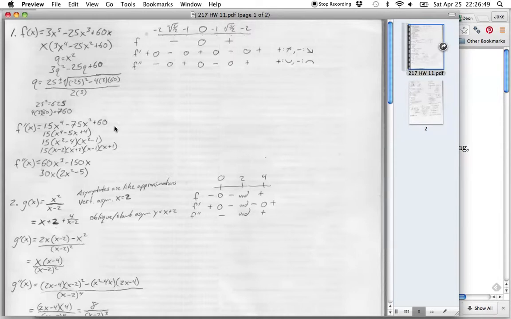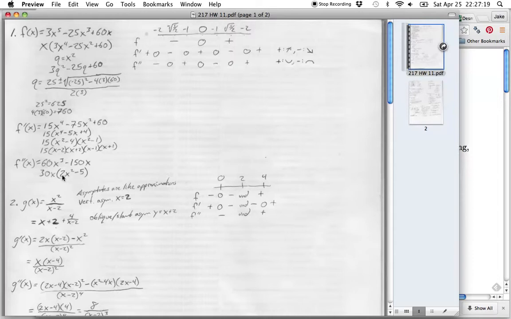So I had this constant drops out, same situation here, so I have 60 x cubed minus 150x. I can take out a 30x, so I can see that 0 is going to be 1, and then when I solve this, if you didn't notice, I didn't explicitly write it out, but I'm setting each equation equal to 0 and solving for those values.